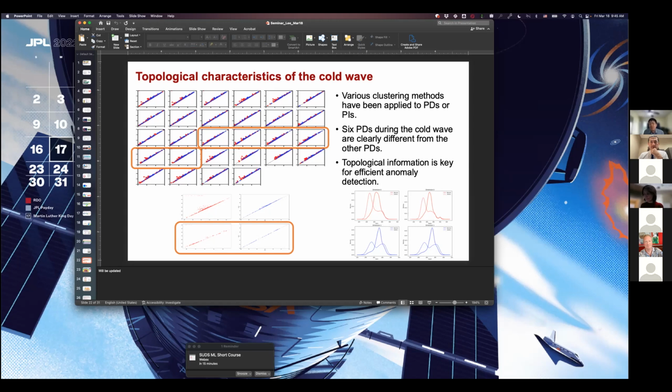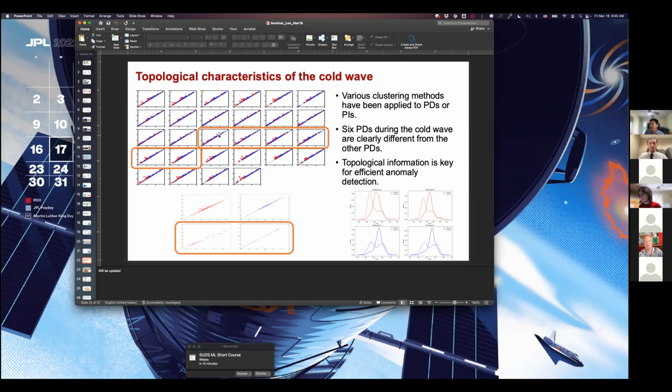Oh, yes. I totally agree with that. For example, each persistence diagram is for a snapshot of the daily temperature map. And here we didn't really consider the temporal component.